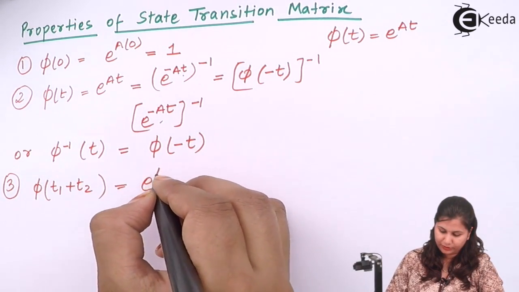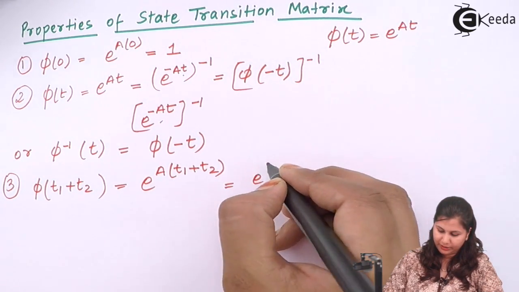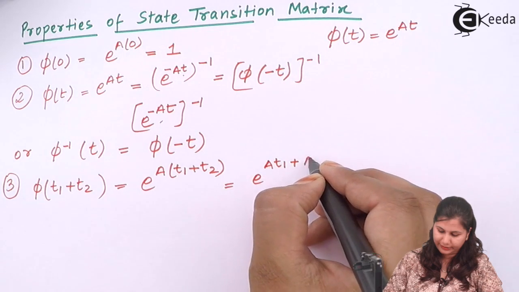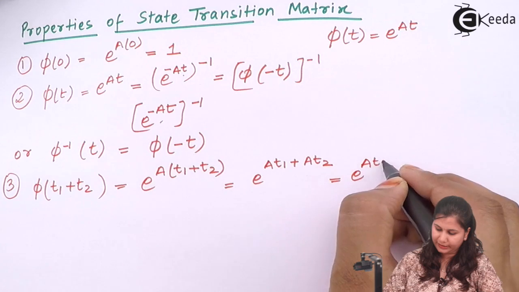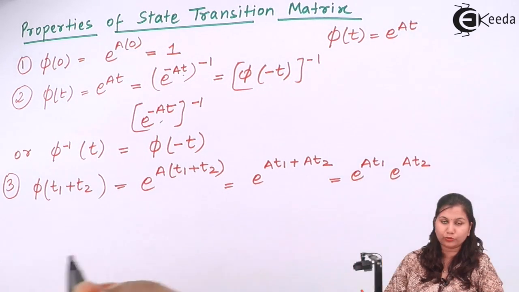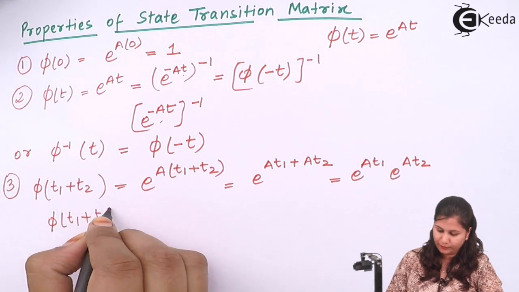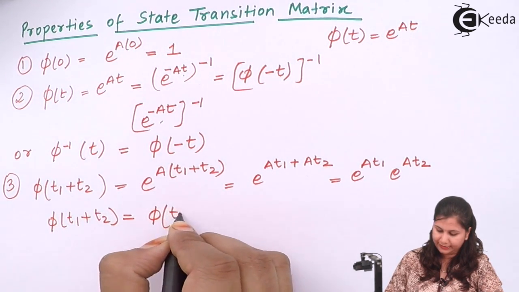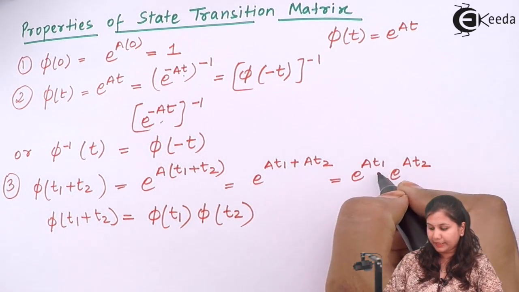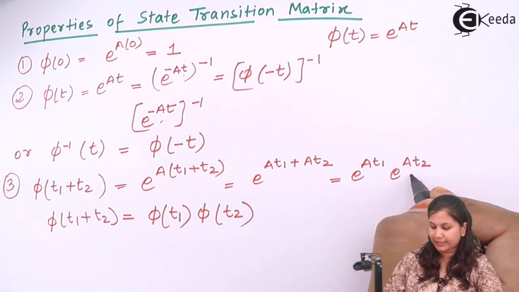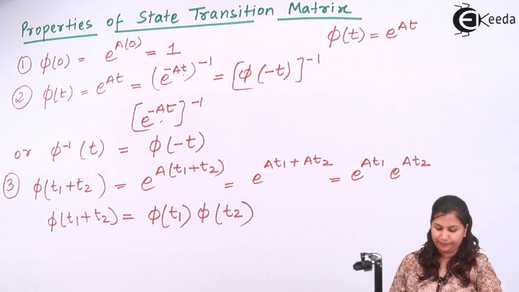So it will be e raised to the power A(t1 plus t2), or e raised to the power At1 plus At2, or e raised to the power At1 times e raised to the power At2. So phi of t1 plus t2 will be equal to phi of t1 and phi of t2, because e raised to the power At1 is phi of t1, and e raised to the power At2 is phi of t2. So we have this expression.